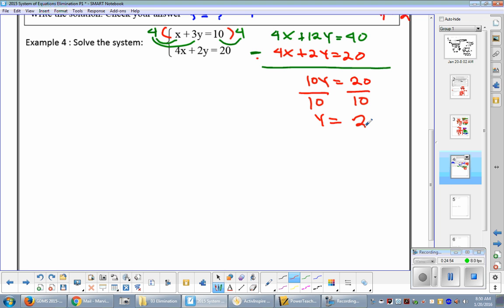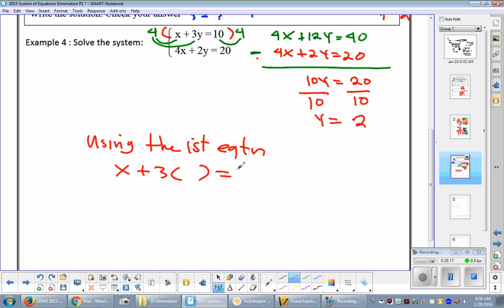Now we can use either the first equation or the second equation to solve for x. So which equation do you want me to use? Okay, let's use the first equation. It's simpler to use the first equation. So using the first equation, I'll have x plus 3y equals 10, but the y here is equal to 2.